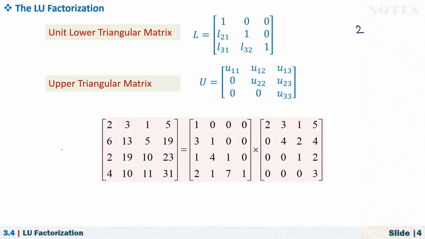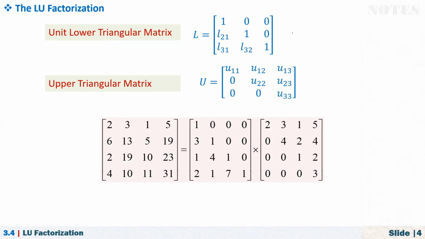Here, I'm not using these units. So that is U, and for all the entries in the main diagonal, we don't have any condition as for the lower triangular matrix, which must be 1; for this, it doesn't matter. But here the condition is all the entries below the main diagonal must be 0.